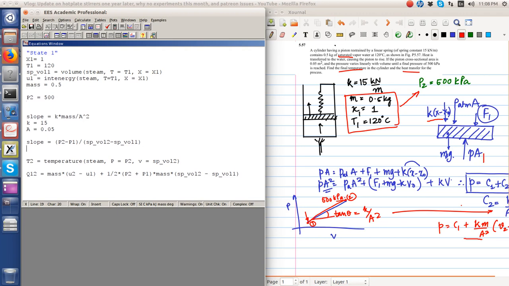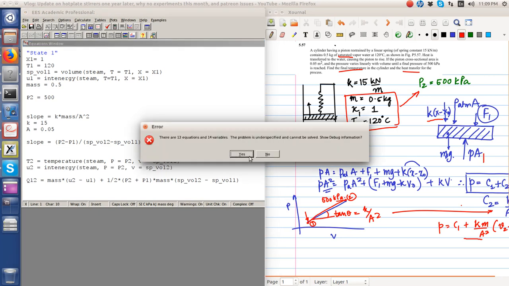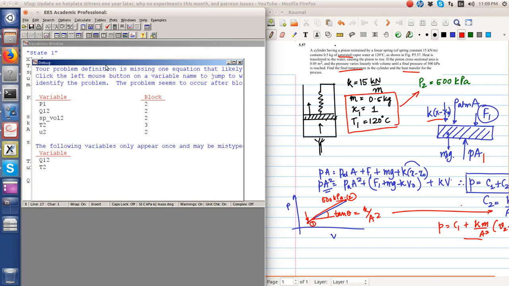Similarly, U2 is equal to internal energy of steam at P equal to P2 and V equal to specific volume 2. Let's see. There's still a problem. Q1,2 and T2.